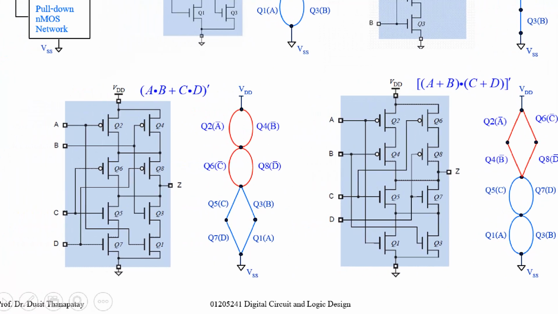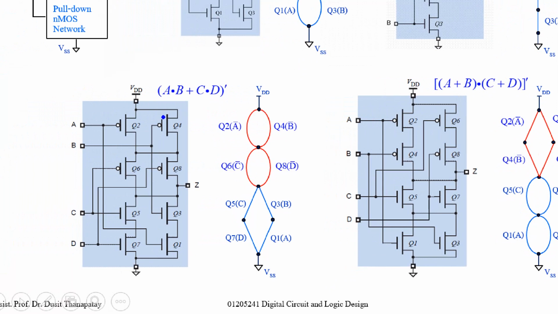And how about this one? For this one, the transistors are parallel together, controlled by active low, right? Active low controlled by A, B, and this one C, D, right? And for this one controlled by C, controlled by D, connect in series.